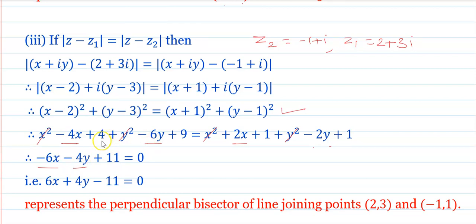Next, 4 plus 9, you will get 13, and this 1 plus 1 is 2, we subtract that, you will get 11, and therefore minus 6x minus 4y plus 11 is equal to 0. It means multiplying on both sides by minus 1, you will get 6x plus 4y minus 11 is equal to 0. This represents the perpendicular bisector of the line joining the points (2, 3) and (minus 1, 1). Okay.